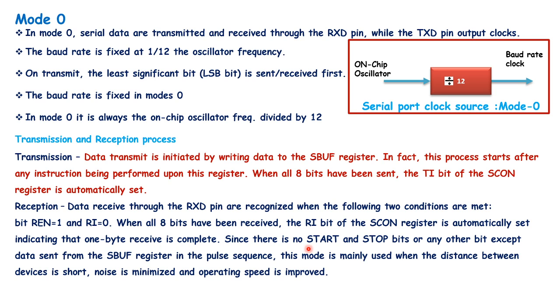Since there is no start or stop bit or any other bit except the data, the data sent from the buffer register is a pulse sequence. This mode is mainly used when the distance between devices is short, noise is minimized, and operating speed is improved. So this is mode 0.